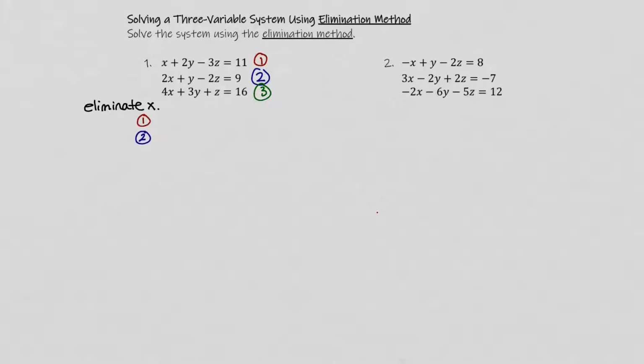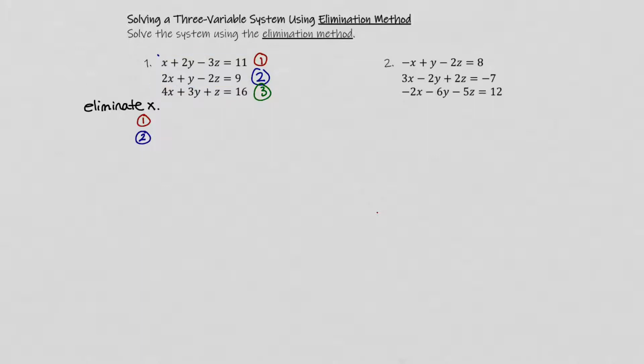And I want to be able to add those 2 equations together so that x will go away. So one of them is a positive 1x, the other is a positive 2x. So I need to multiply one of those equations by something so x can add up to 0. If the bottom one is 2x and the top one were negative 2x, then they would cancel out to 0.